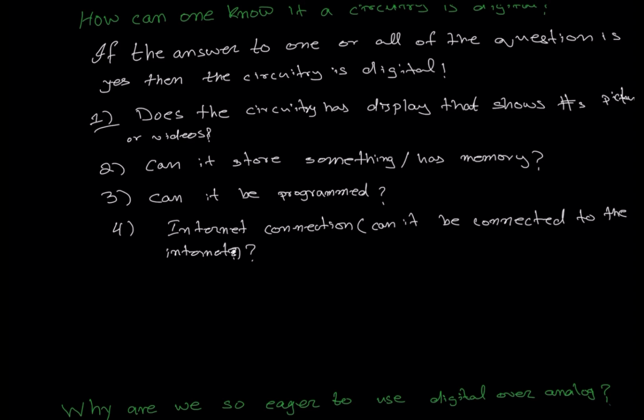But in the very old days, electronics didn't have internet, so we probably said they were analog. This is the new question that we added to differentiate between analog and digital. The internet connection will be one of the differentiations between analog and digital circuitry.